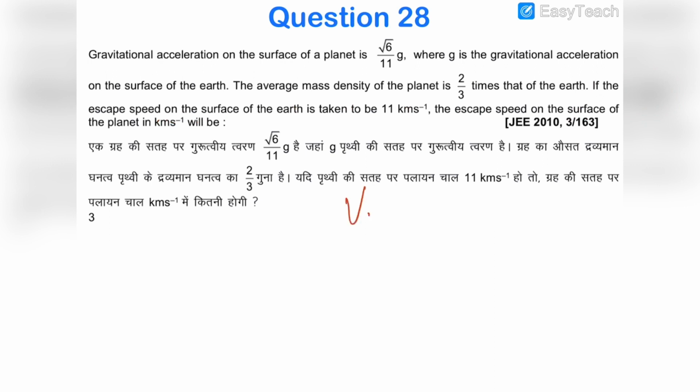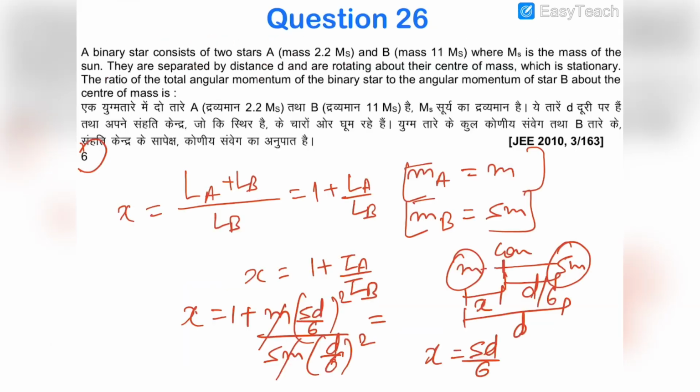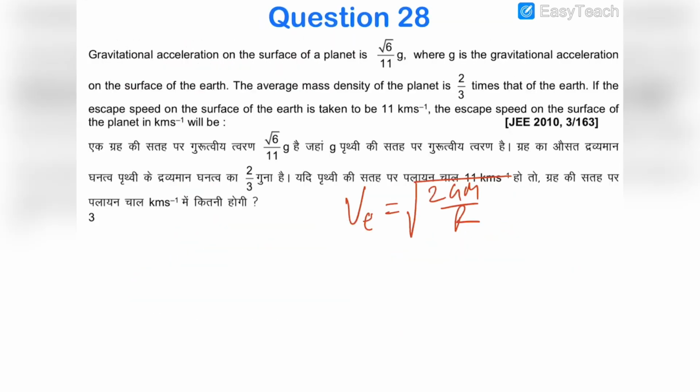Now we know that escape speed is under root of 2GM by R, and we can also write it as under root 2gR. So this is the escape velocity formula.